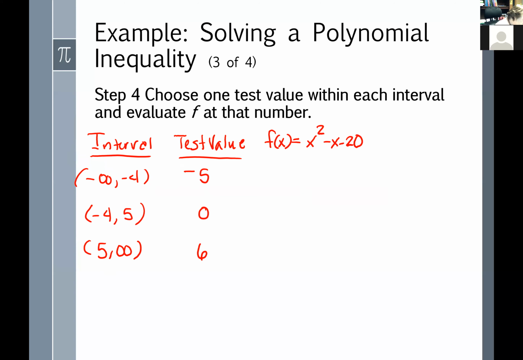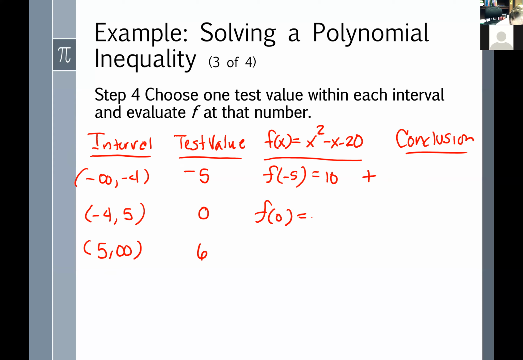Okay, so f of -5, plug that in, and I get 10. Well, that's positive. Okay, and then I'm going to test 0. If I plug 0 into this function, I'm going to get -20.